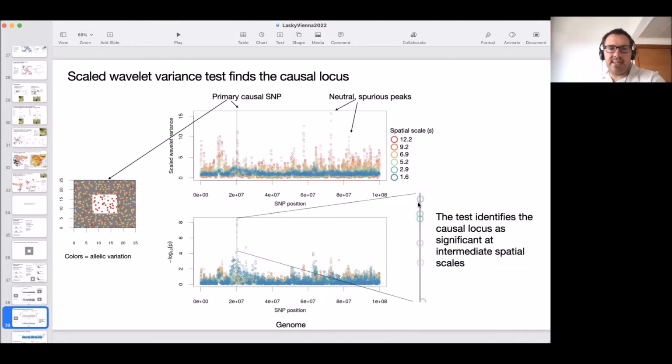So what that indicates to us is that the power for this analysis is greater at intermediate scales, where maybe we have less confounding due to limited gene flow. That is, fewer cases where you have very high wavelet variance because of limited gene flow at those intermediate scales, but where you still have differences in environments selecting for different alleles.